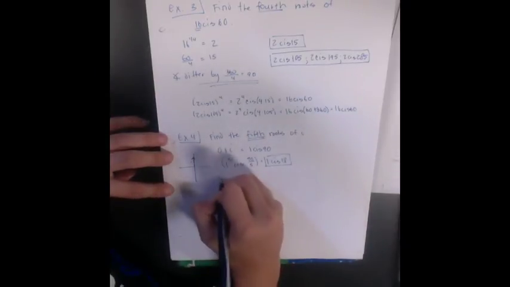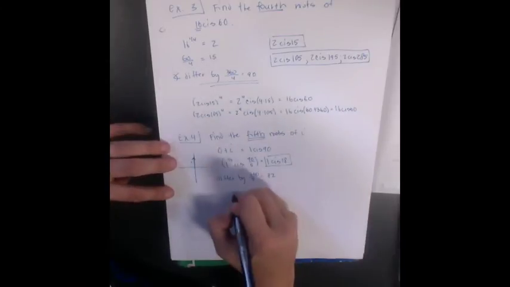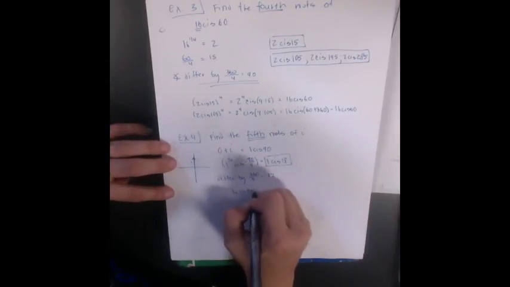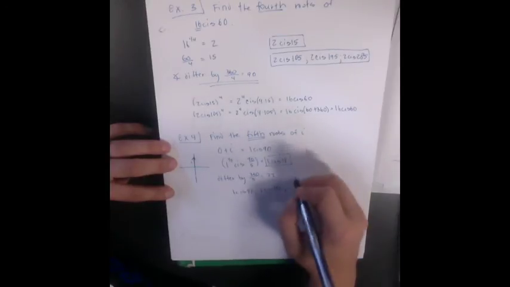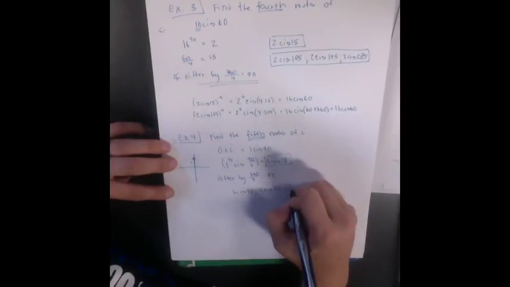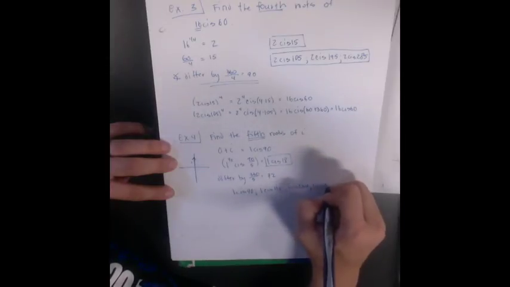Okay, and then the rest, they will differ by 360 over 5, which is 72. So I will have 1 cis of 90, 1 cis of 162, and 1 cis of 234, and 1 cis of 306.